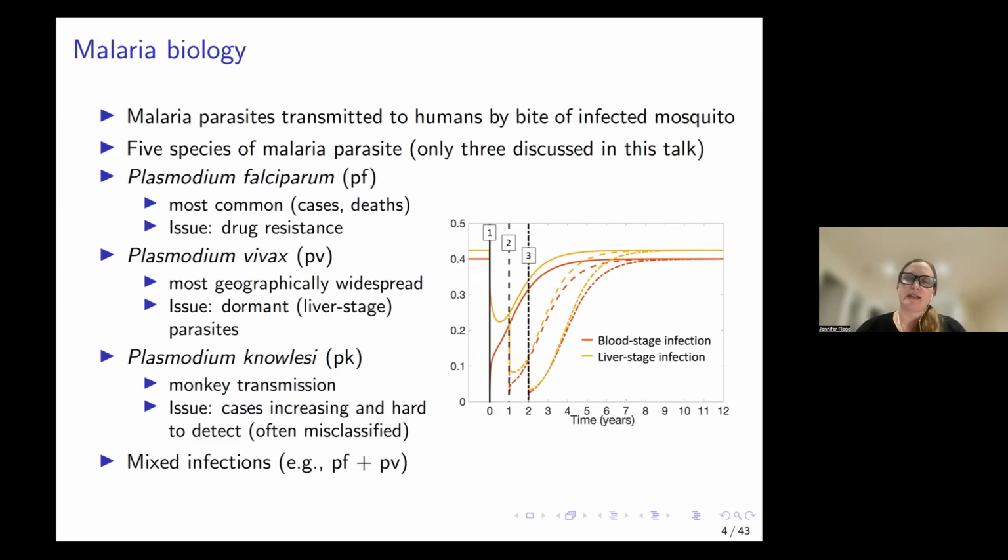They will reactivate at some time later and cause another infection. So a single mosquito bite can cause many cases of disease, of your illness. And so this is a complication. That's not the case with falciparum. You get bitten once by a mosquito, you have an infection. If you clear that, you're then not at risk of further disease unless you get bitten again by a mosquito.